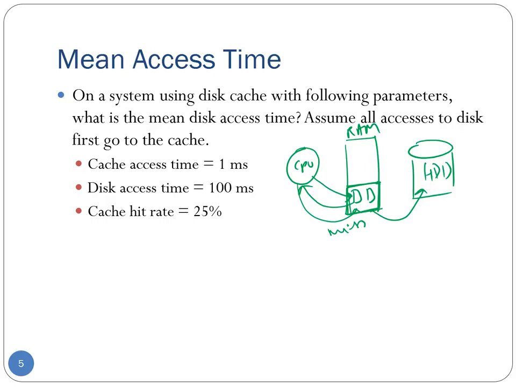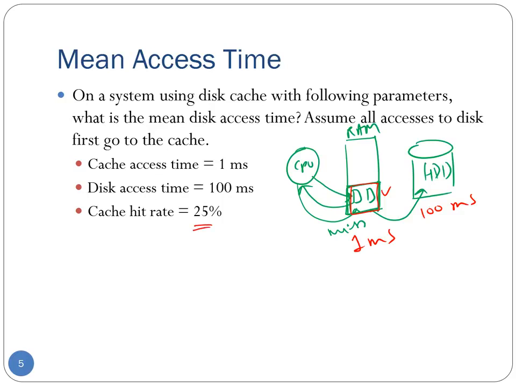So this question says, let's assume that if the data the CPU is looking for is found in the disk cache, then it takes 1 millisecond. However, if the data is not found and you have to access the hard disk, then accessing the hard disk alone takes 100 milliseconds. Assuming that the hit rate in this cache is 25%, what is the mean disk access time?